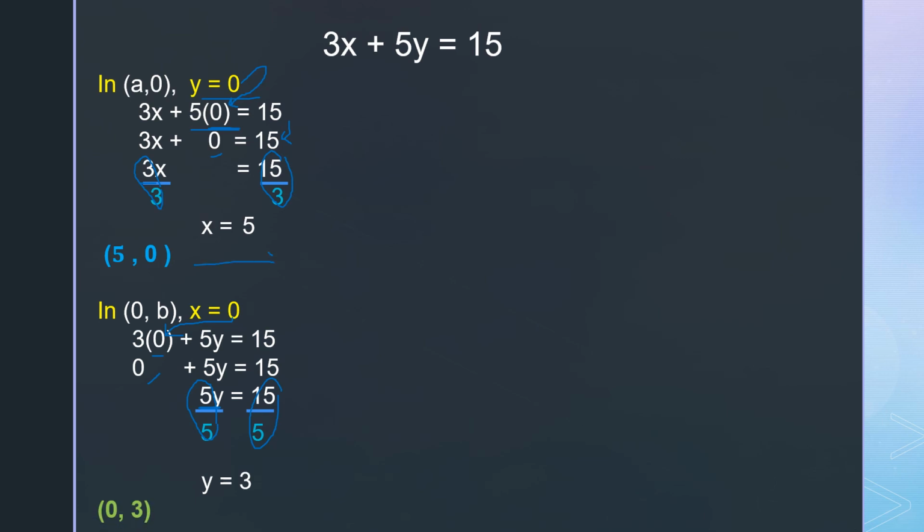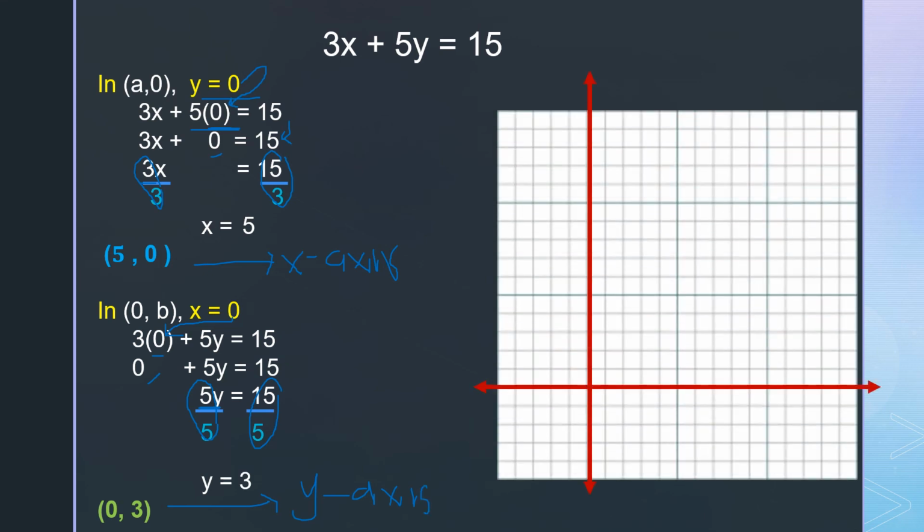So again, this one lies in the x-axis. And the other point lies in the y-axis. Since we have whole numbers here, we don't need such interval. But if you want to put intervals because you have more space, you may do so. My interval is by 2s.